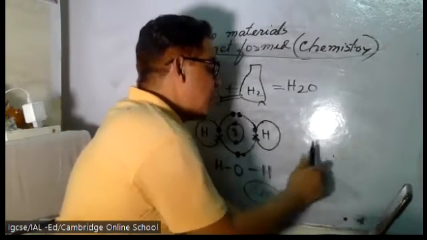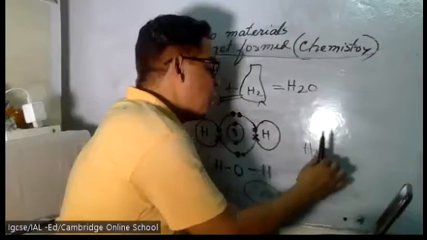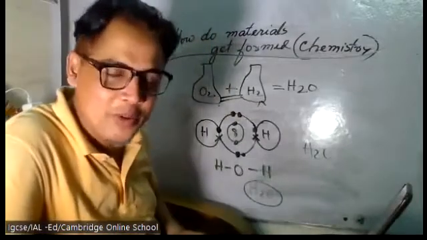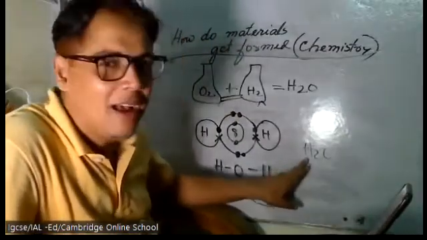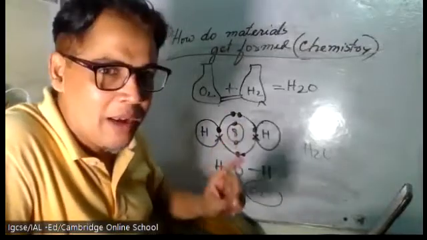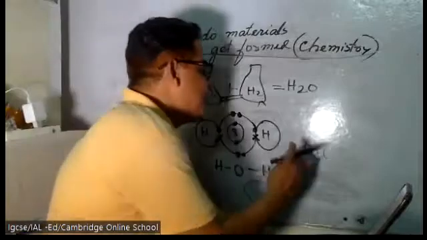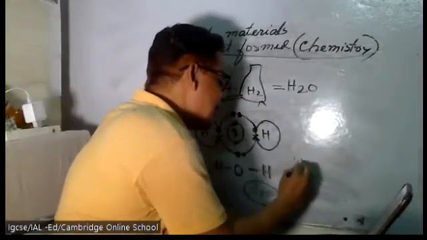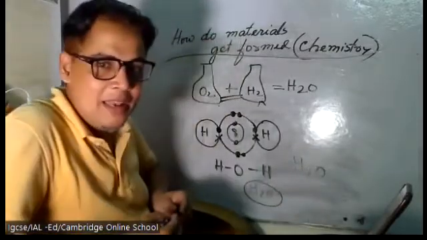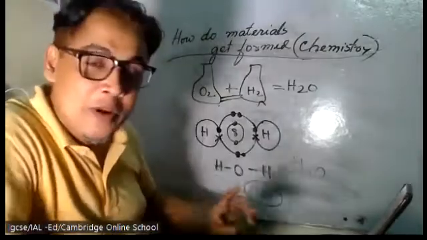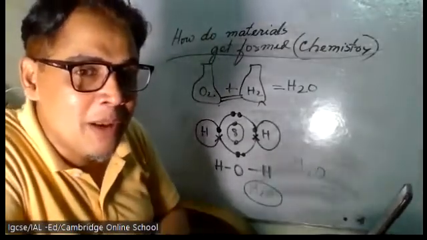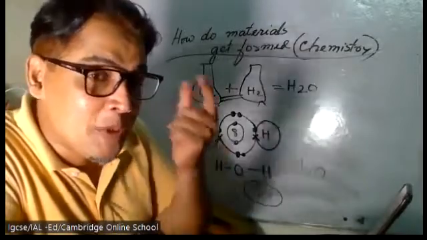H2O, sorry. You should never be confused. This is oxygen 1. You need to understand, socially, he is the big brother. Who is the big brother? So from now, when you see any molecule, you try to understand which is the big brother.